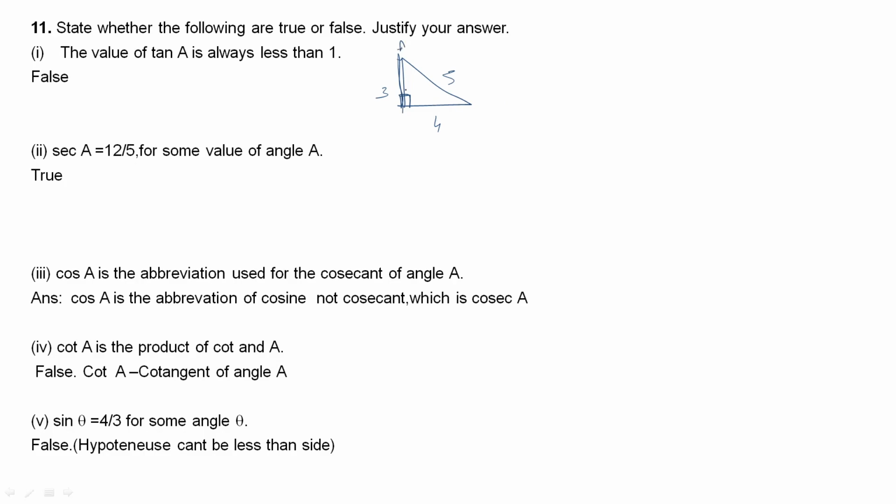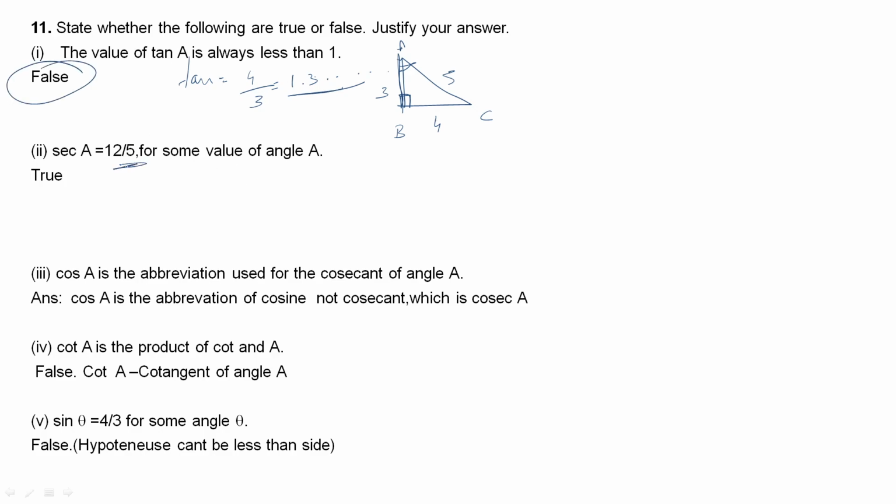Suppose I am taking ABC, then tan A is opposite by adjacent, so 4 by 3, it is 1.333, it keeps on going. So tan A is not required to be less than 1 always, so it is false.